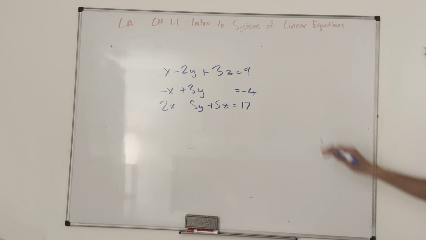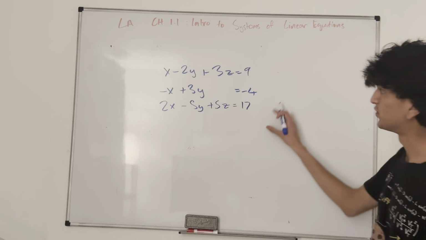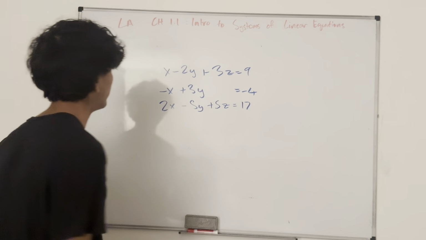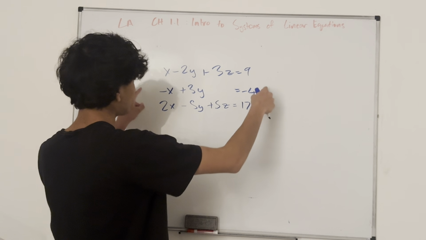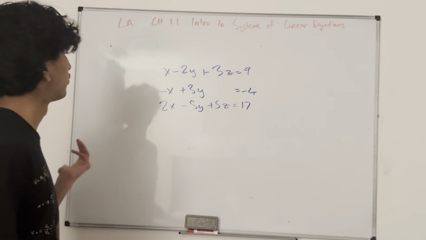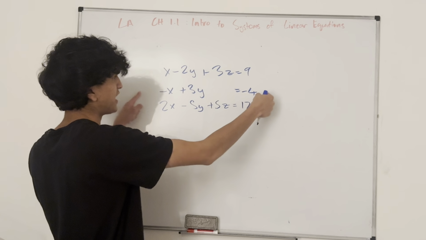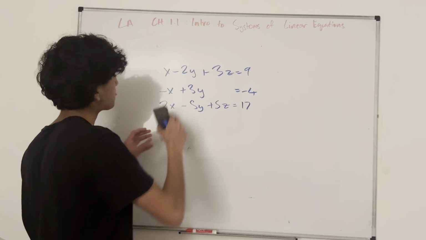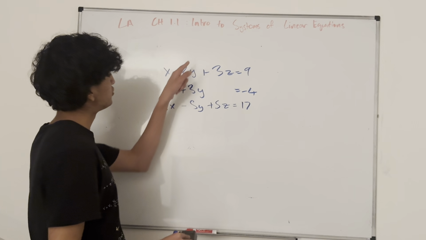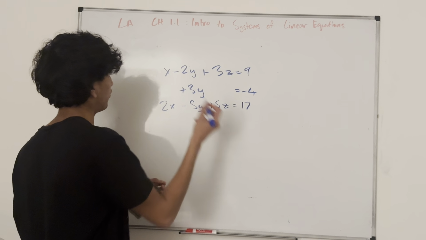So we have this first equation. We want to get rid of the x's in the next two, so we're going to figure out ways to get rid of the x's while still maintaining the system. One option is I could just add this equation to that equation, right? Because x plus x, I'm going to get 0. That was negative x, right?